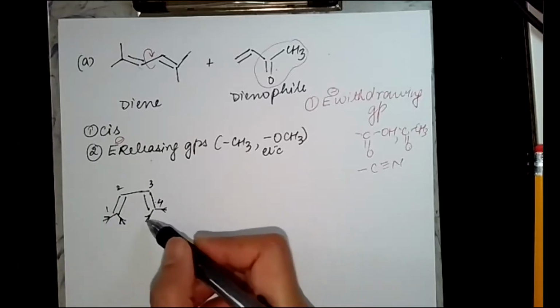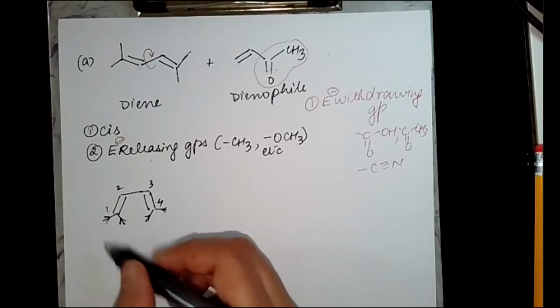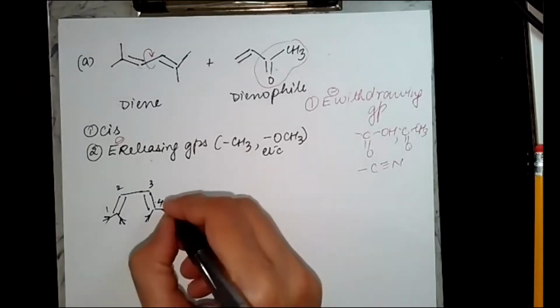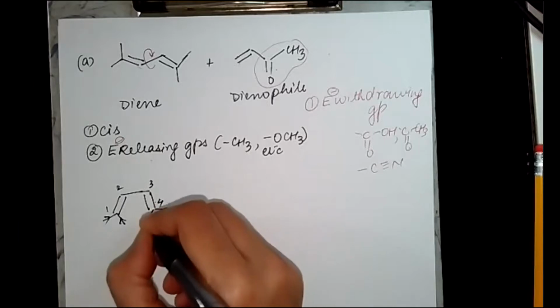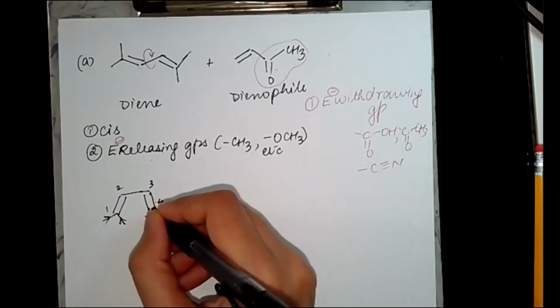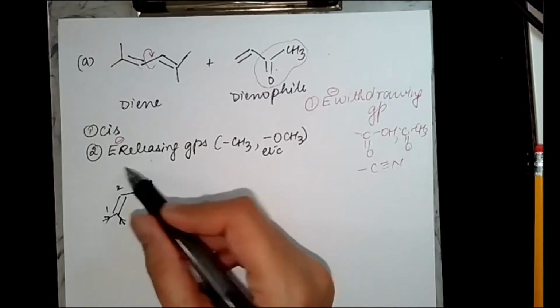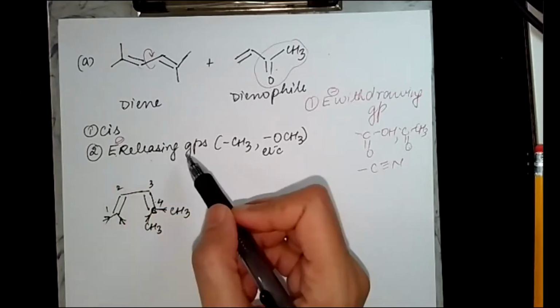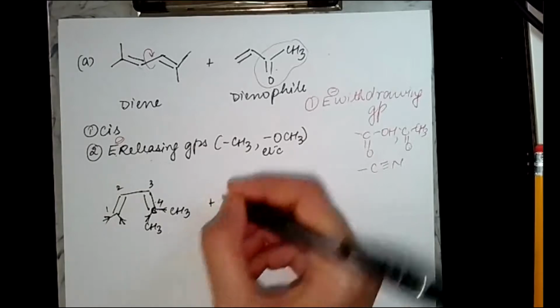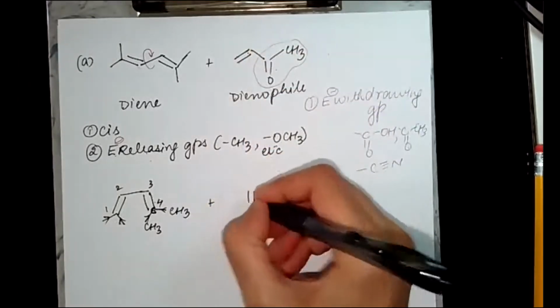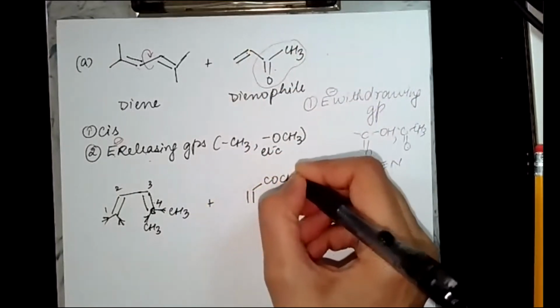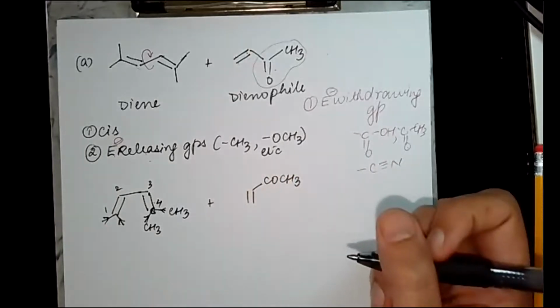You see what these arrows are? Do you all understand what these arrows are? The CH3 groups or alkyl groups attached at this carbon are pumping their electrons into this carbon. They are electron releasing groups. Plus my dienophile.